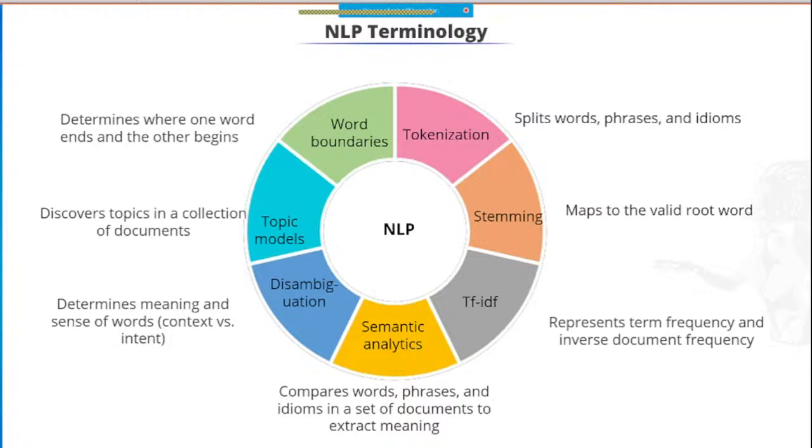Some of the terminologies that we have to always be aware of if you want to work with NLP. The first part is tokenization. Tokenization is related to splitting the words or phrases into small text. Okay, you have a sentence. This sentence will be converted into words. Similarly, paragraphs are there.